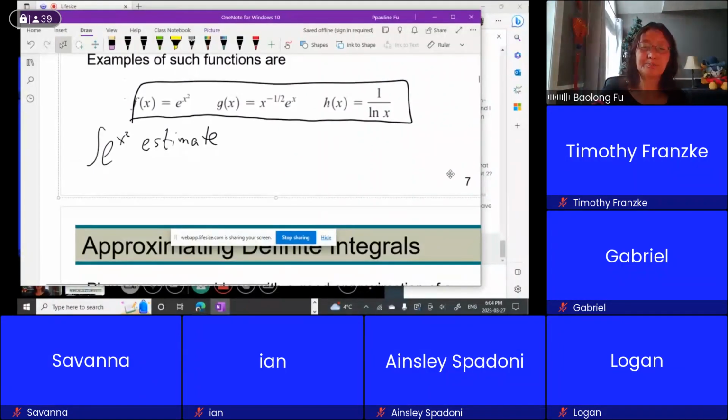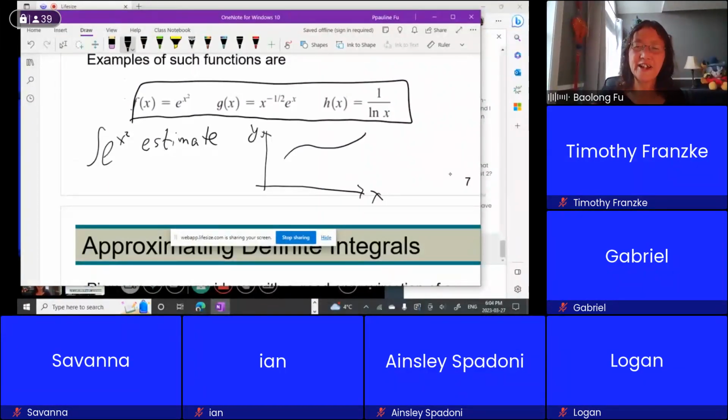For example, if this function is like this, just for example, we cannot exactly find the integration, but we can take the integration from a to b, and we can divide AB into several subdivisions. And then for each one, we pick a midpoint.